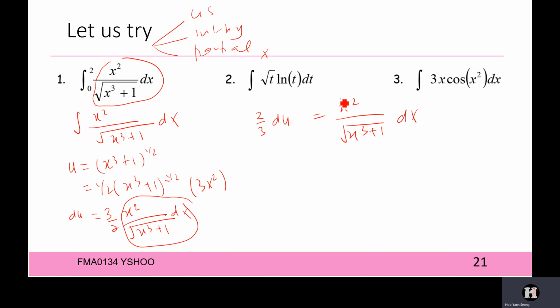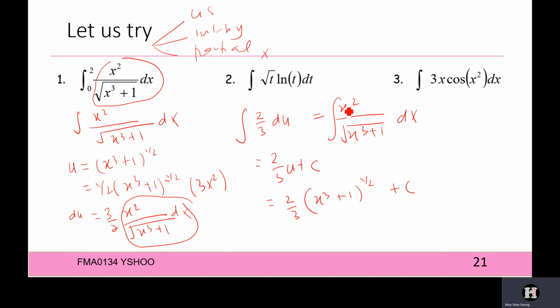So what you need to do is put the integration back. You integrate 2 over 3 u plus c. Since the question has limits, change u back to x: u is x cubed plus 1 to the power of 1 over 2 plus c.